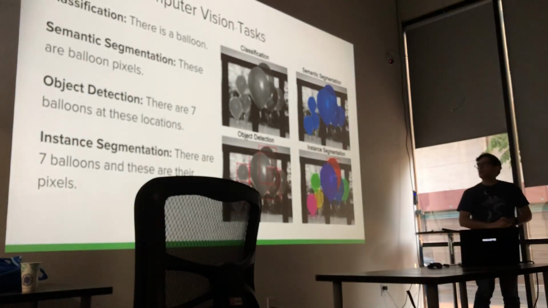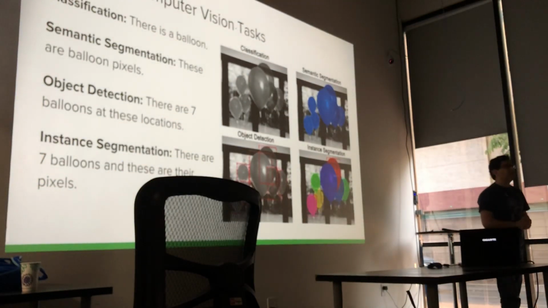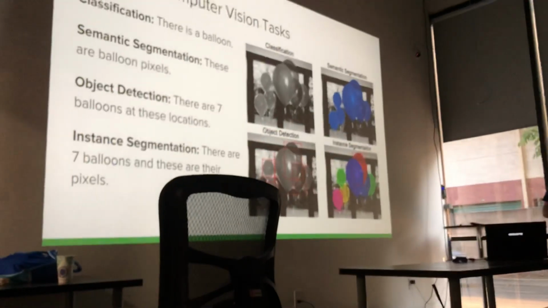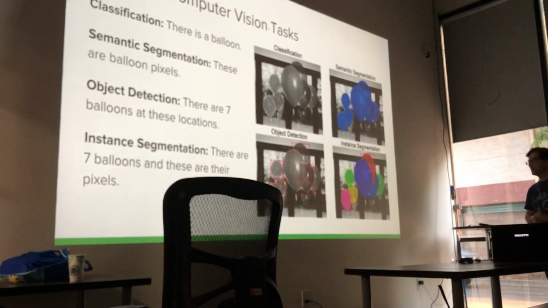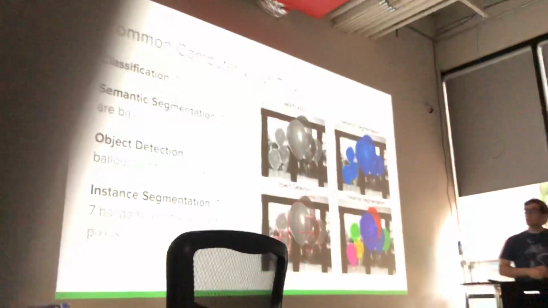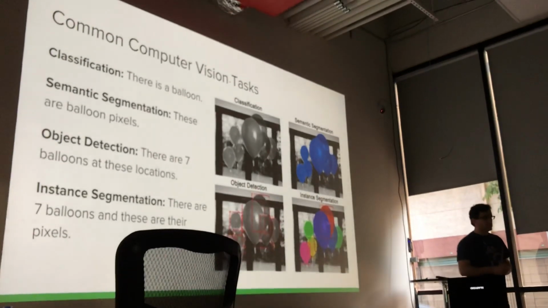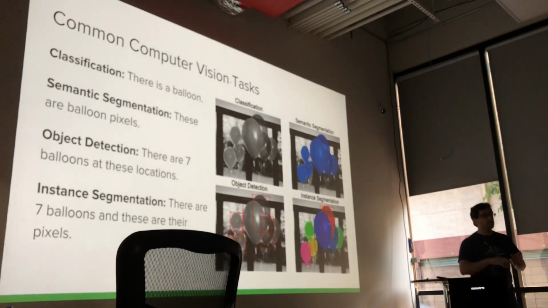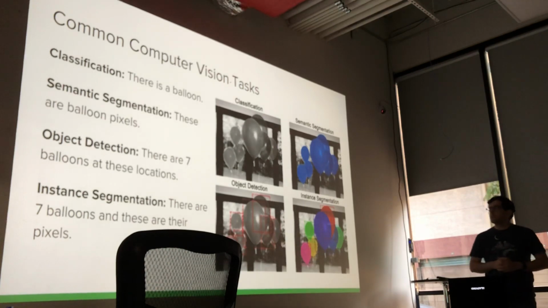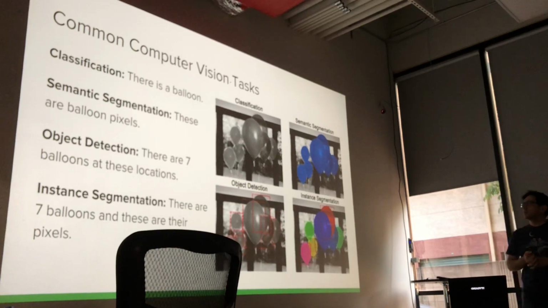Obviously there's a lot of buzz about deep learning recently, and a lot of it is focused on computer vision, at least the part that I'm interested in. So I wanted to start very high level. What can we do with it in terms of computer vision?